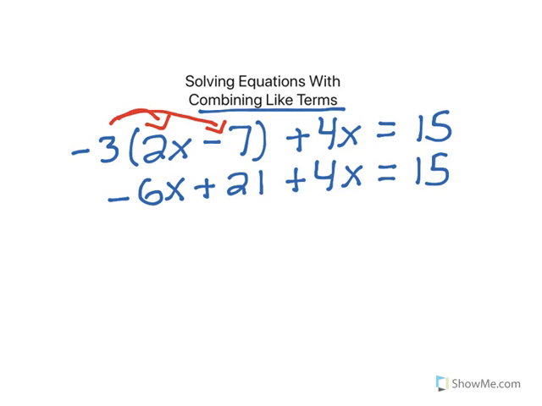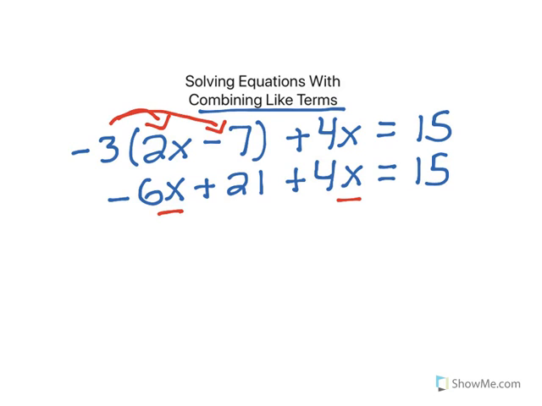Now, the part that's a little bit different today is once we do that, we have an x here and an x here. We need to get those together. Since they are on the same side of the equal sign, we can simply combine them or add them together.